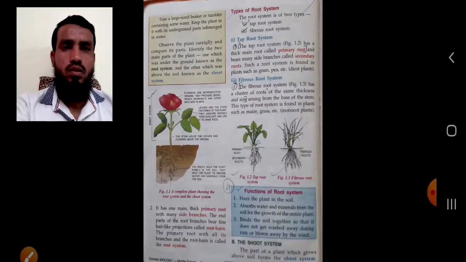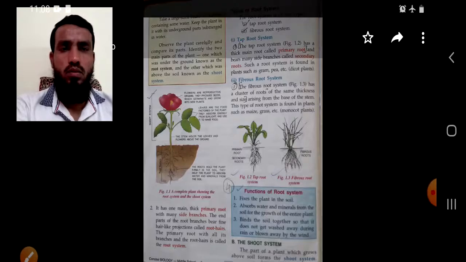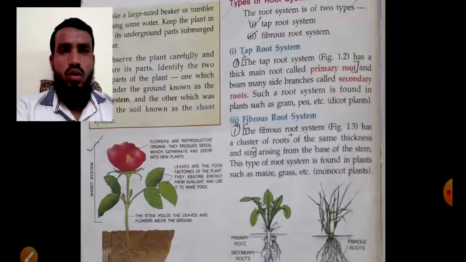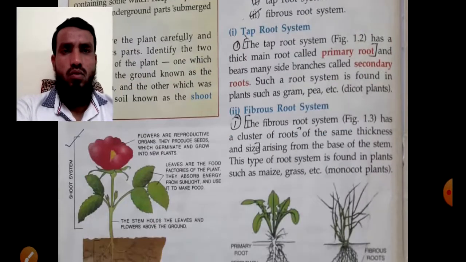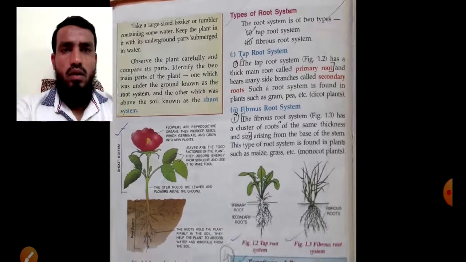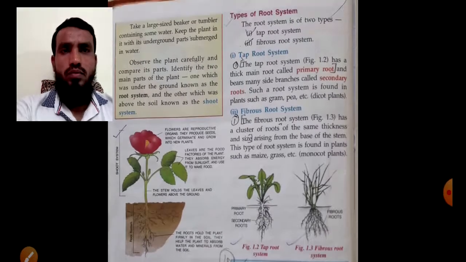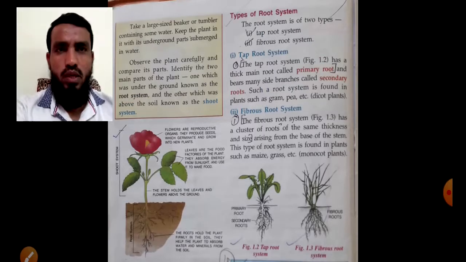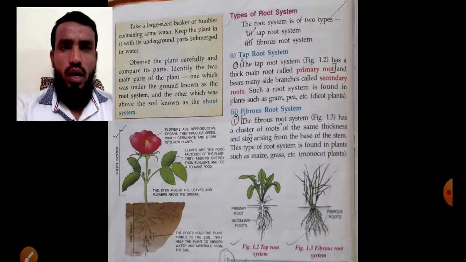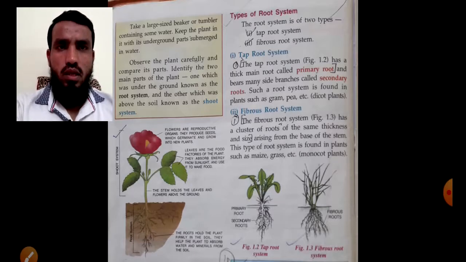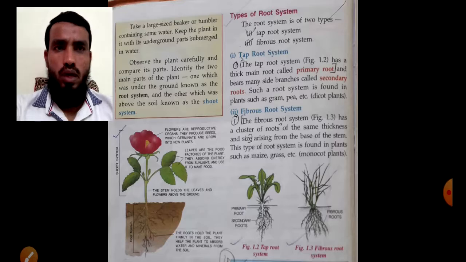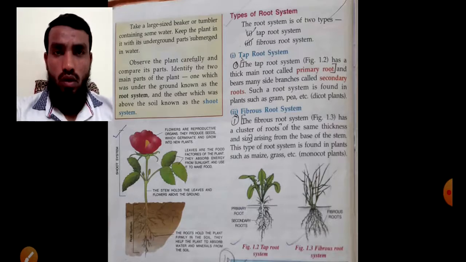I think this is the second page in your textbook. So here is the remaining activity. What we have to do now is take a large beaker, and inside it you can take some amount of water. In a small container or glass tumbler, put some water and keep the plant in it with its underground part submerged in the water, right?